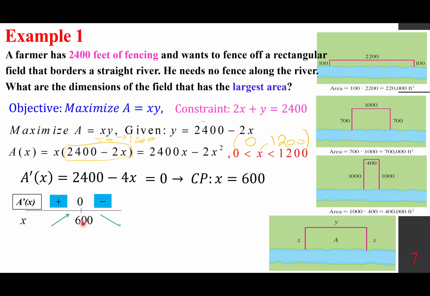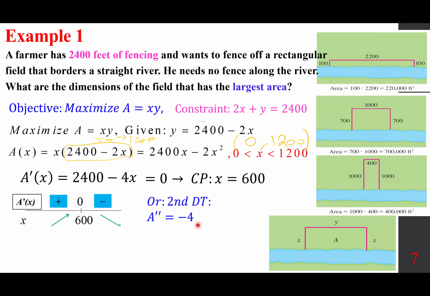So the maximum occurs at 600 if you go with the first derivative test, but you have to do the sign. For the second derivative test, you evaluate it and you get negative 4. Because it's independent of x, A double prime of any number is negative 4.